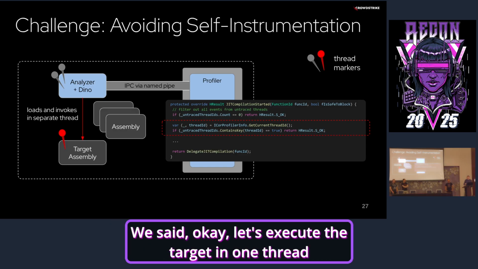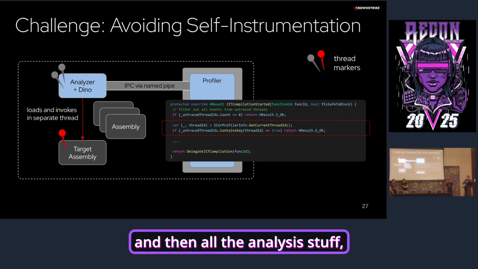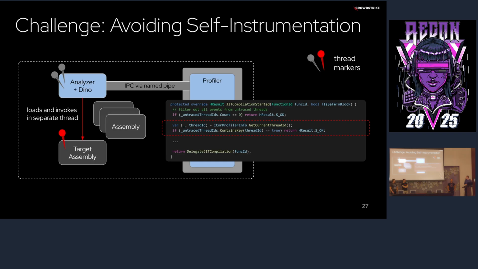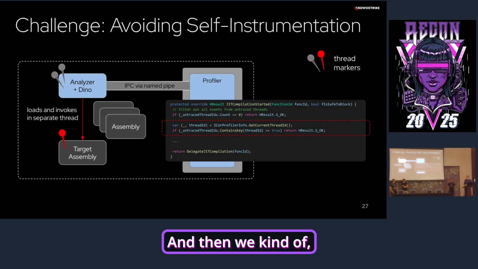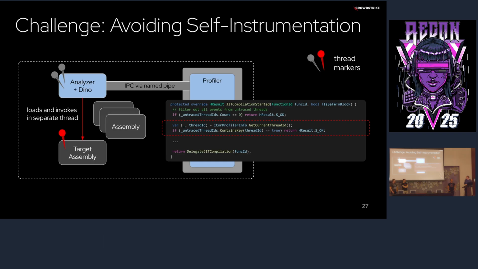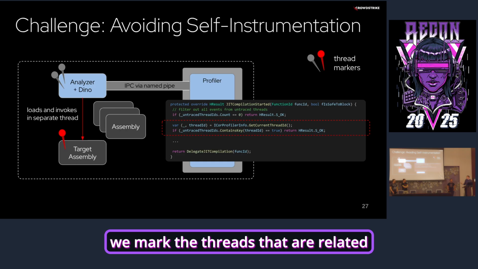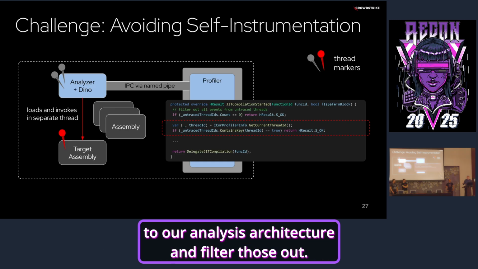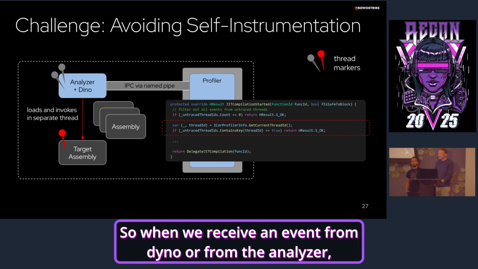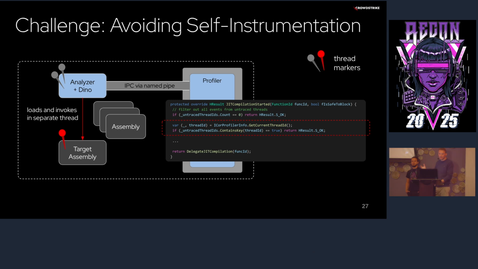We said, okay, let's execute the target in one thread and then all the analysis stuff, the Dino stuff, in another thread. And then we mark the threads that are related to our analysis architecture and filter those out. So when we receive an event from Dino or from the analyzer, we filter those out.